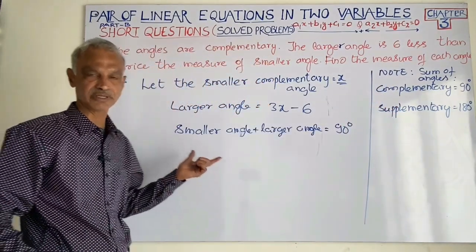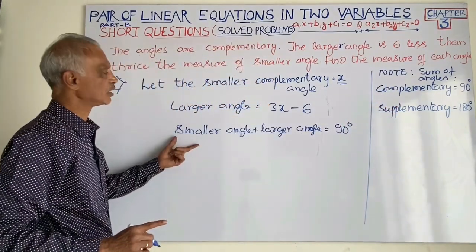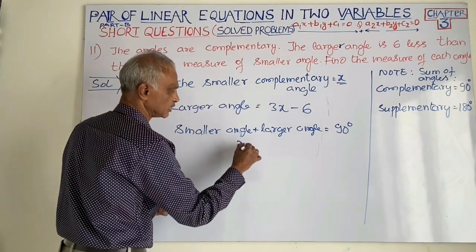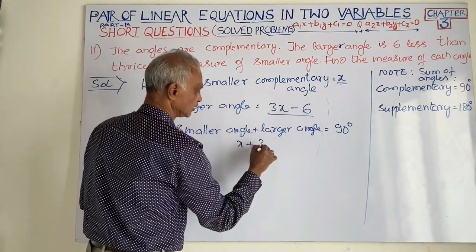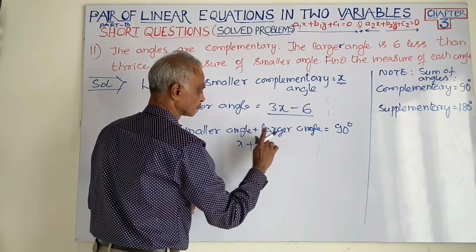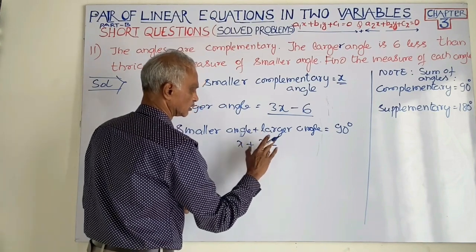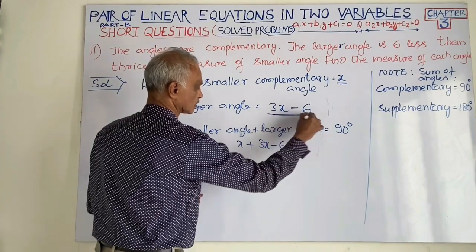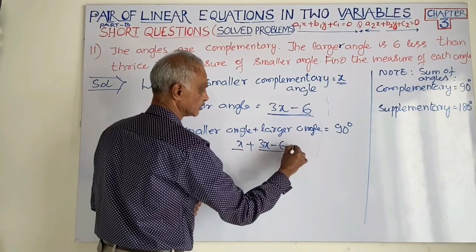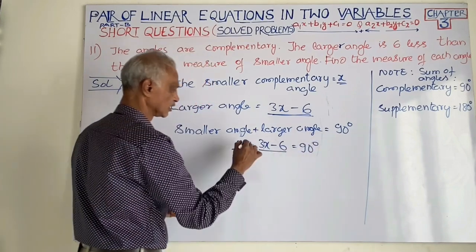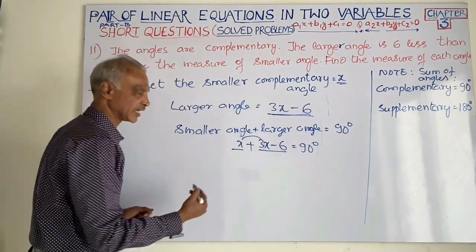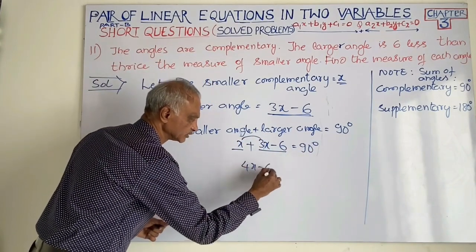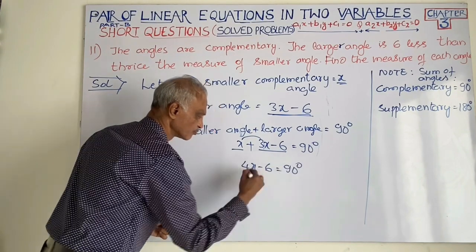Smaller angle will be x plus larger angle 3x minus 6 is equal to 90 degrees. 3x plus x, 4x minus 6 is equal to 90 degrees.